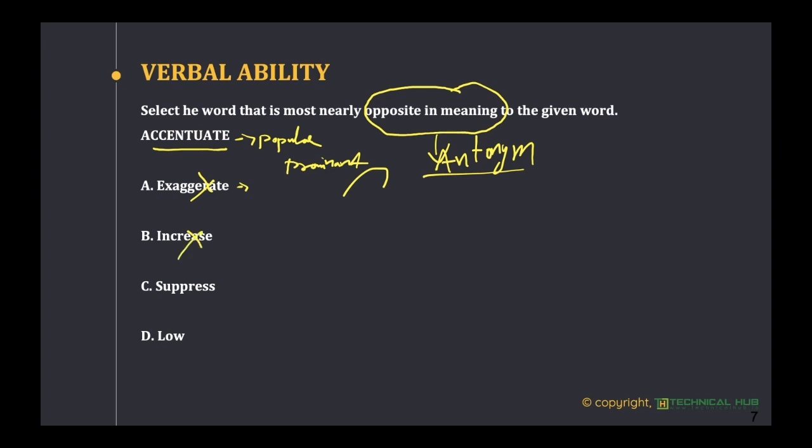Now suppress is something like stop or control. Now low means we are telling the level of something, so this is not correct. Answer is C. Got it?